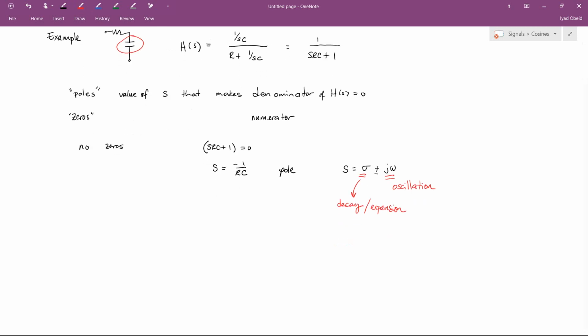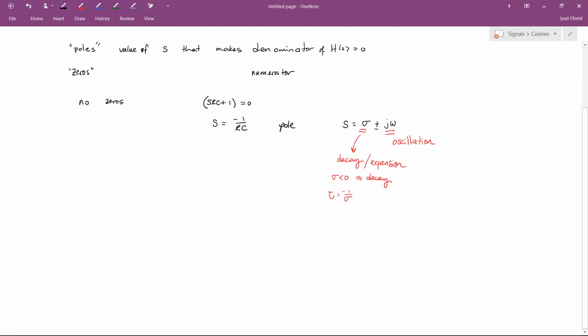And in order to have decay, we need to have sigma less than 0. So sigma less than 0 means decay. And every decay has a time constant, and we know that the time constant has to be negative 1 over sigma. Those are all things we talked about in the previous lecture.